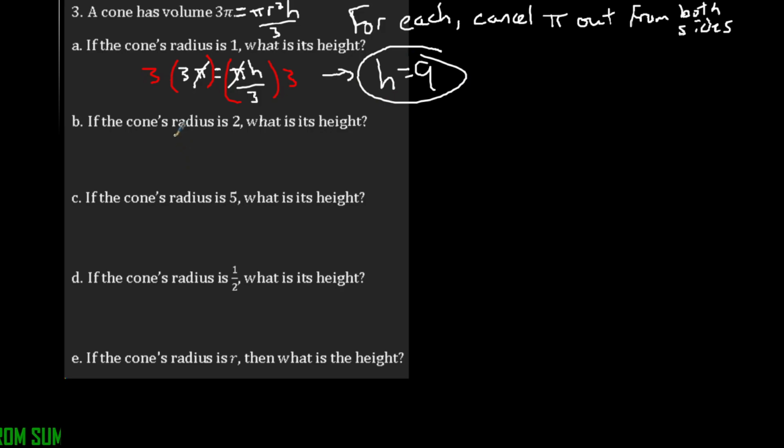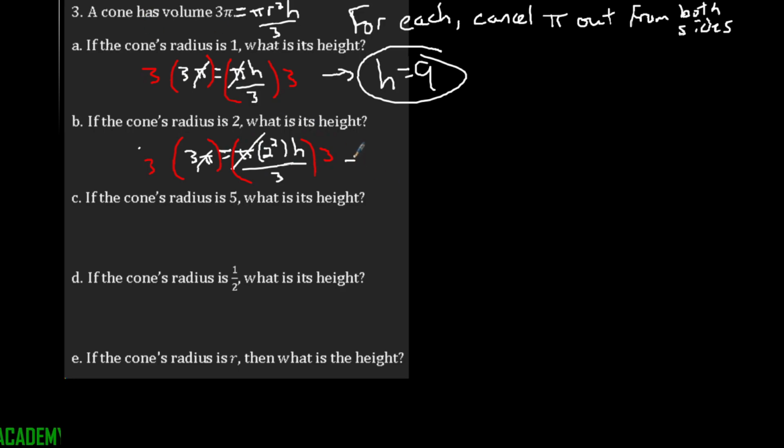For the next one, same setup, however my radius is 2 now, so I have 3 pi equals pi times 2 squared times h over 3. Again, the pi's cancel out, and we multiply both sides by 3 to get rid of that denominator.